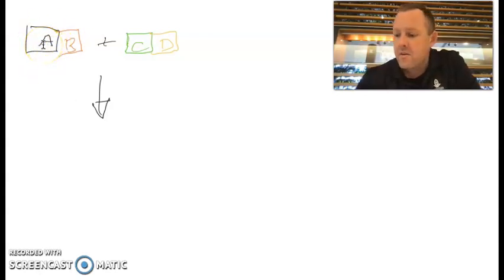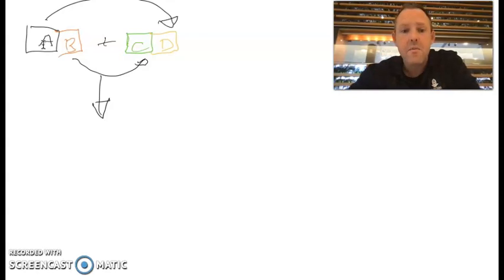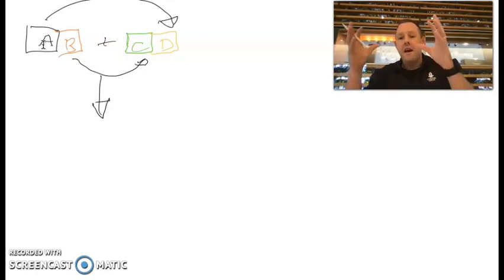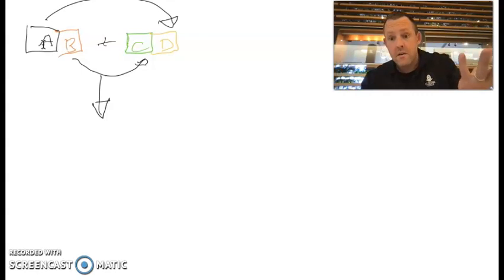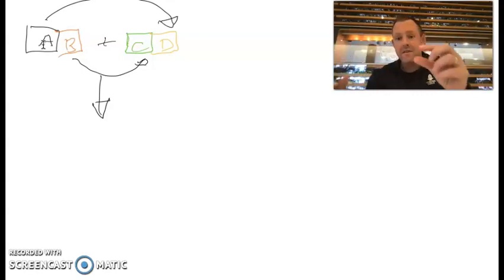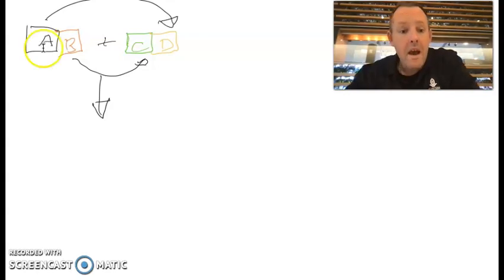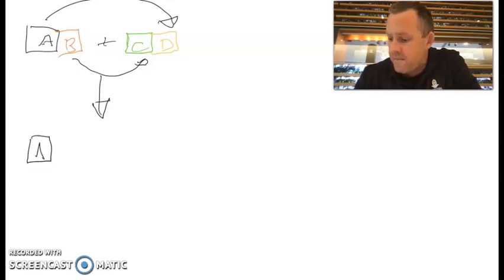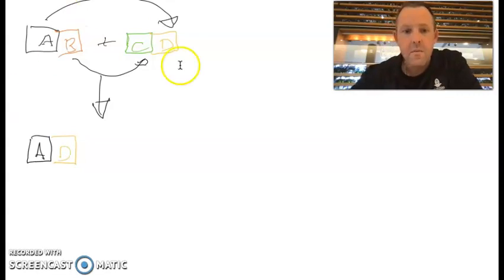A is going to come across and match up with D, and B is going to come across and form a new substance with C. Think about it like Lego bricks: you're pulling those bricks apart and putting them with the other one. So our product is going to have A paired up with the anion D from over here.